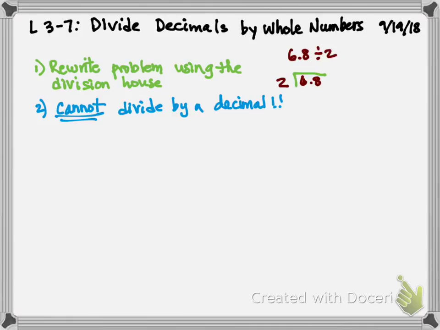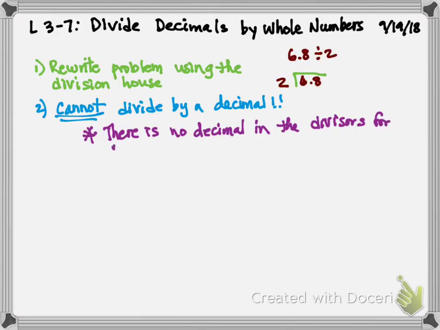And if it has a decimal in it, we're going to have to do something to make the decimal go away, okay? Now, in our case, we're really lucky because there is no decimal in the divisors for this lesson. Okay, so we're going to baby step you in there. Yay, right?